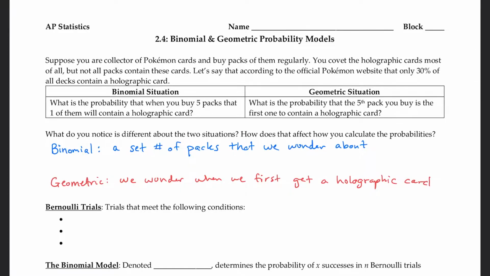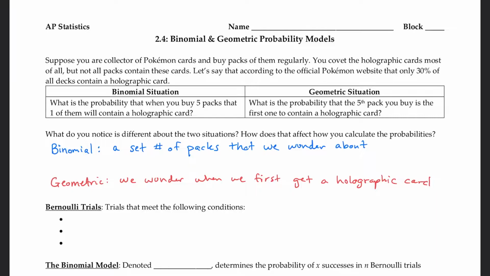So I don't really have a set number in front of me in that scenario. It's sort of like I grab 1, I open, I grab 2, I open, and so on until the 5th pack I open. Yay, I have a holographic card, yay.